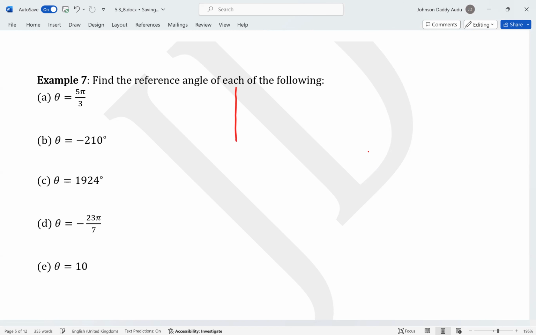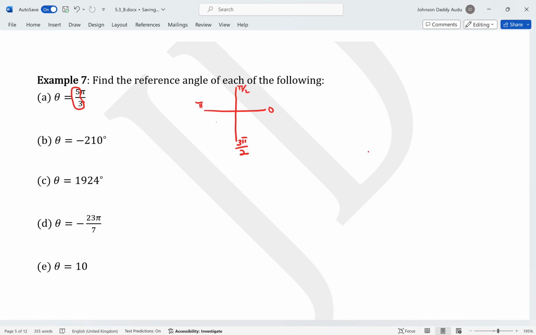One way to check is to use this: this is 0, this is pi over 2, this is pi, and this is 3 pi over 2. The number here is 5 over 3, which is definitely greater than pi. So you cannot be in the first or the second quadrant; it is either the third or the fourth quadrant.